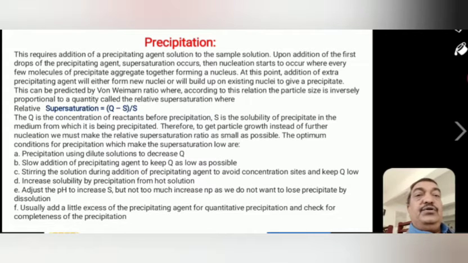One is Q, the concentration of the precipitating substance before precipitation, and S is the solubility of the precipitating substance. So (Q minus S) divided by S is a factor that generally describes how the precipitation occurs, and how it depends upon the formation of PPT during the precipitate.